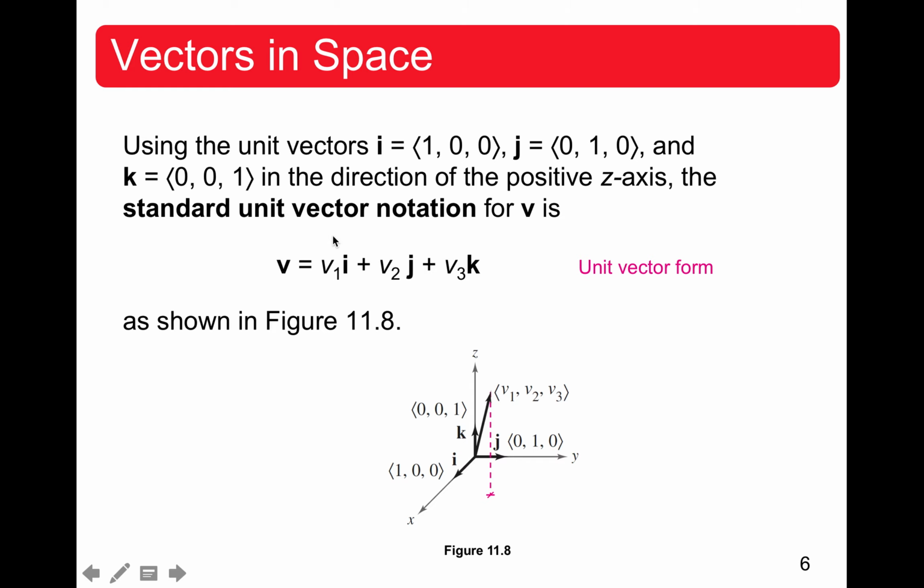We also talked about standard form of vectors, so we have the i plus j plus k. This would be unit vector form. You can see here, these are our unit vectors i, j, k, and then this represents our vector that has the components v1, v2, v3.